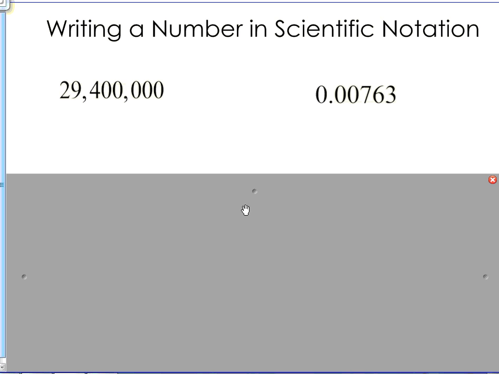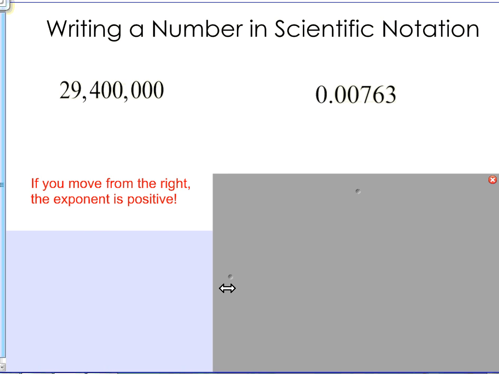All right, so when writing a number in scientific notation, as I said before, you can write a really, really big number in scientific notation or a really small number. You want to take your number, okay, and your decimal point in this particular number, 29,400,000, is here at the end.